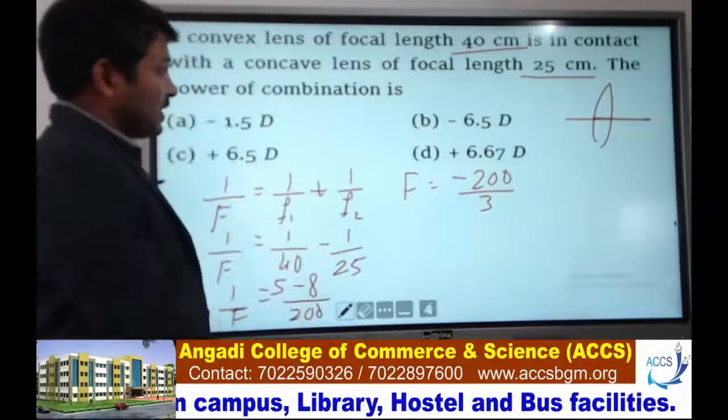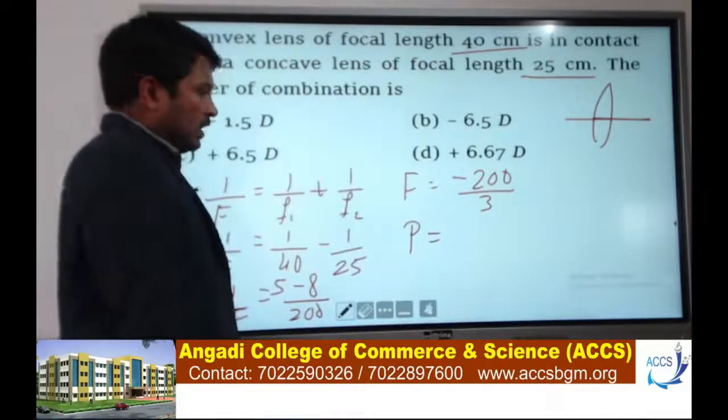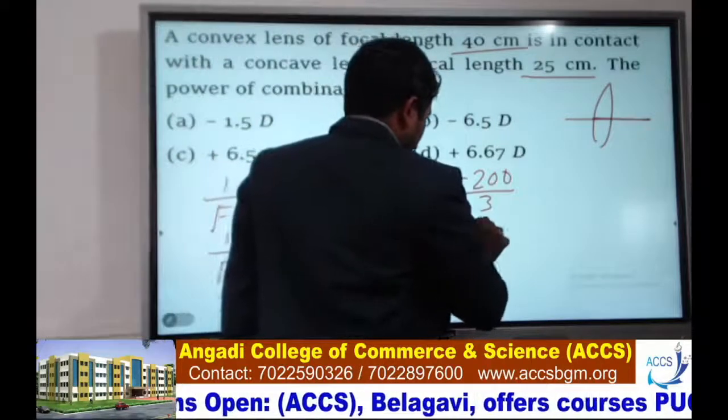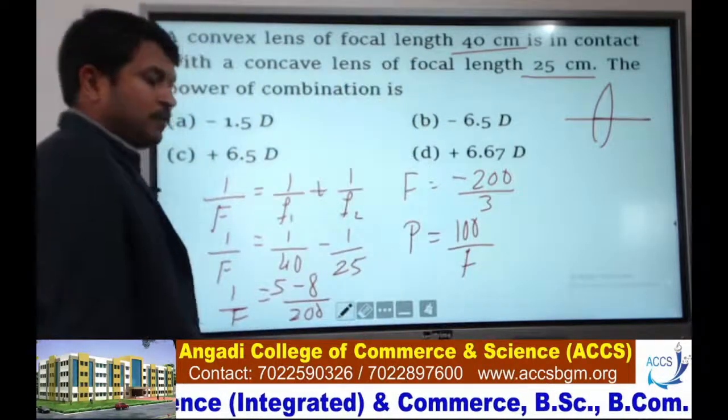But they are asking for the power of the lens. What is the power of a lens? That is 100 divided by f in centimeters, the reciprocal of focal length.